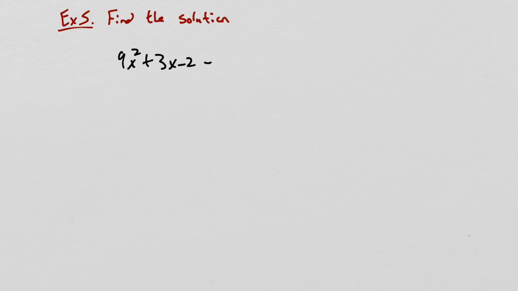Let's go ahead and solve one more example. Example 5. Find the solution to the following quadratic equation: 9x squared plus 3x minus 2 is equal to 0.